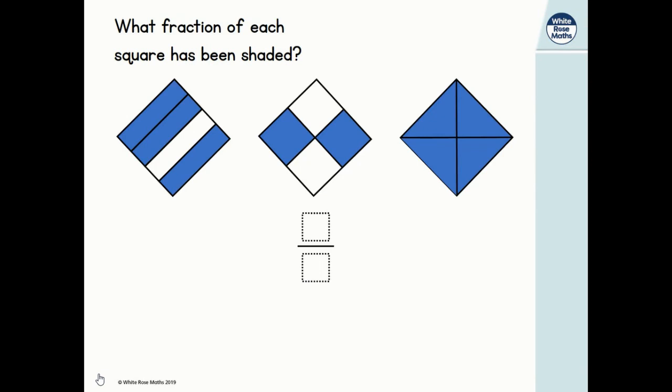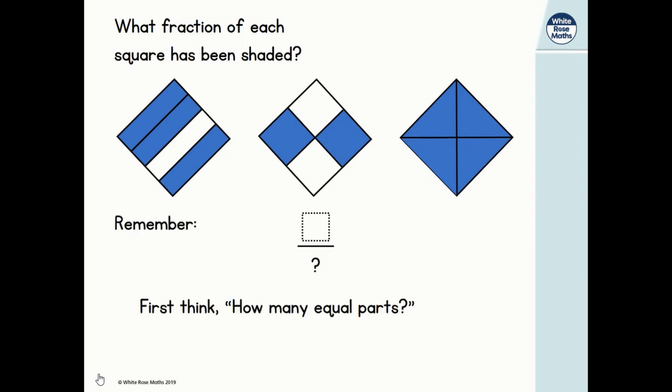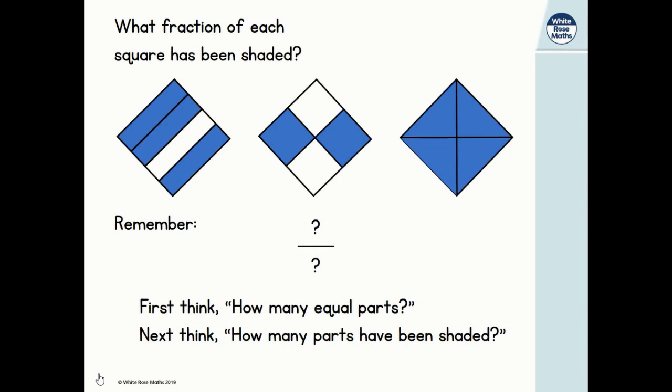So we know that more than one of these parts has been shaded, but what fraction of each square has been shaded? Things to think about with this activity. Remember, first think how many equal parts, and that gives us your denominator, and then think how many parts have been shaded, and that gives us the numerator. Okay, have a go at those.